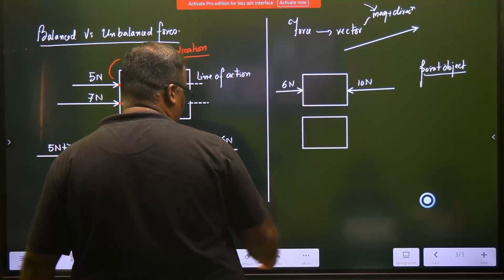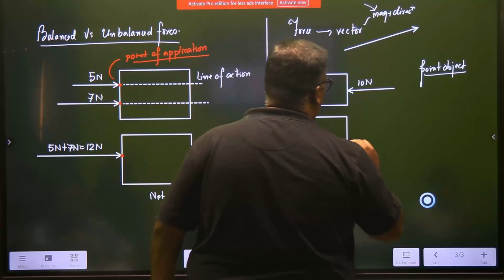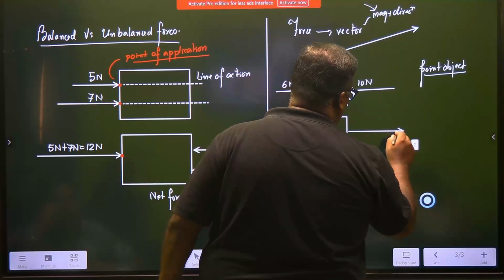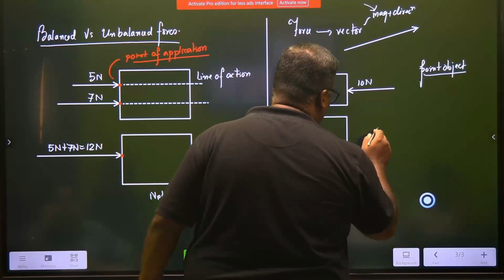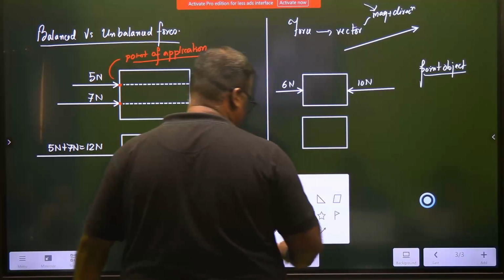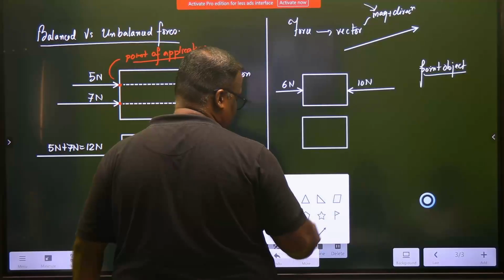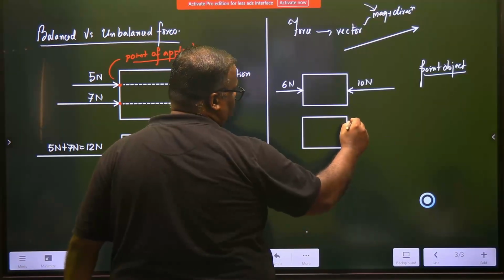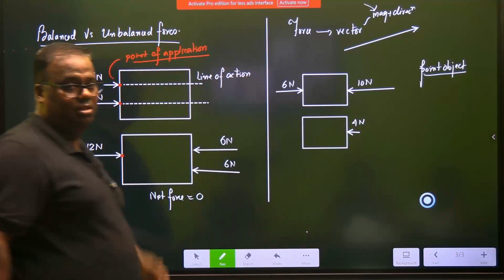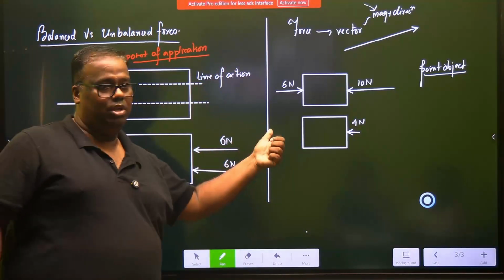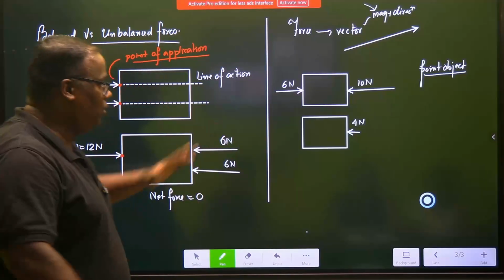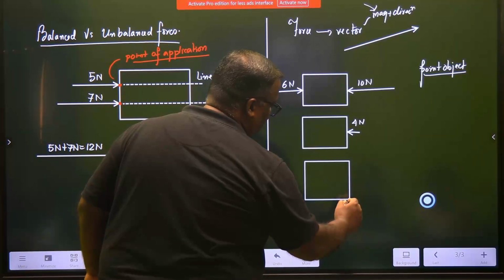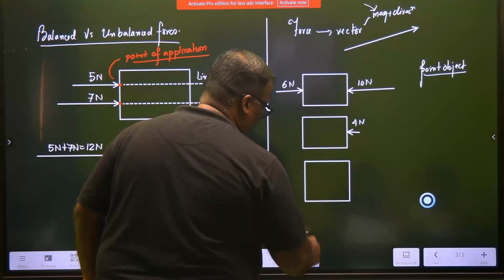This whole diagram can actually be represented by only one diagram, which is 4 Newton on this side. Did you understand? You could have also put a 4 Newton pull here also. That is also correct. Nothing wrong. Means what I'm trying to say is that the whole diagram could have been also replaced with just a 4 Newton on this side.